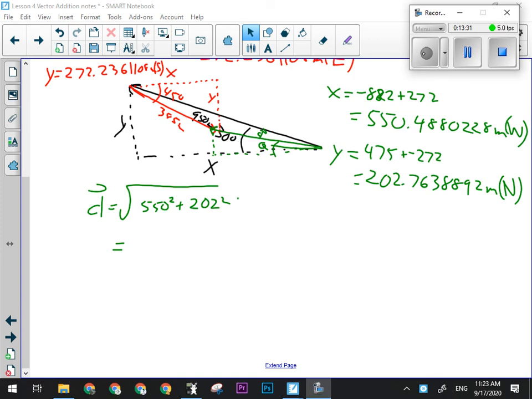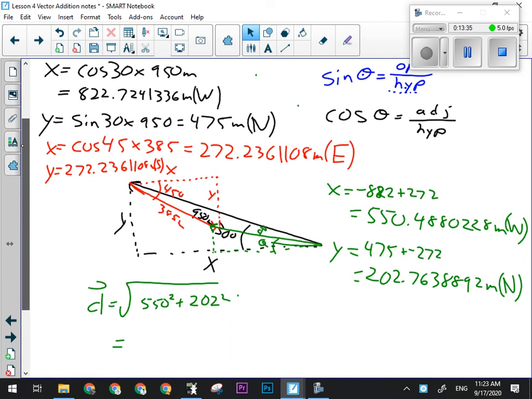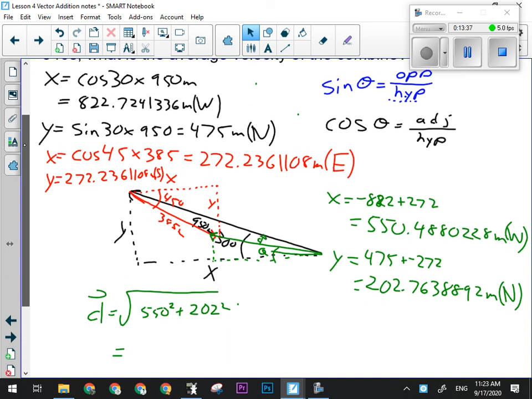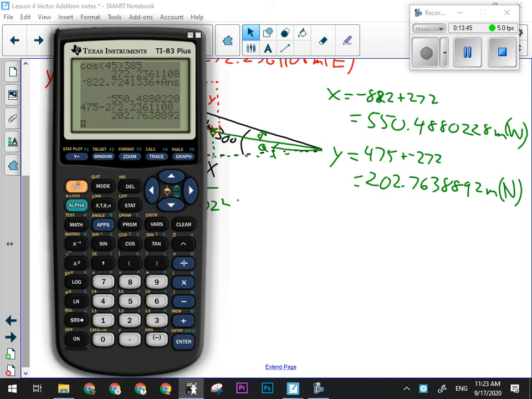Okay. So that's what we've got so far. We've calculated all the x's and all the y's, and now we're going to calculate our overall displacement using the Pythagorean theorem. It's going to come out to 550.488 squared plus our answer squared, because that's quicker.